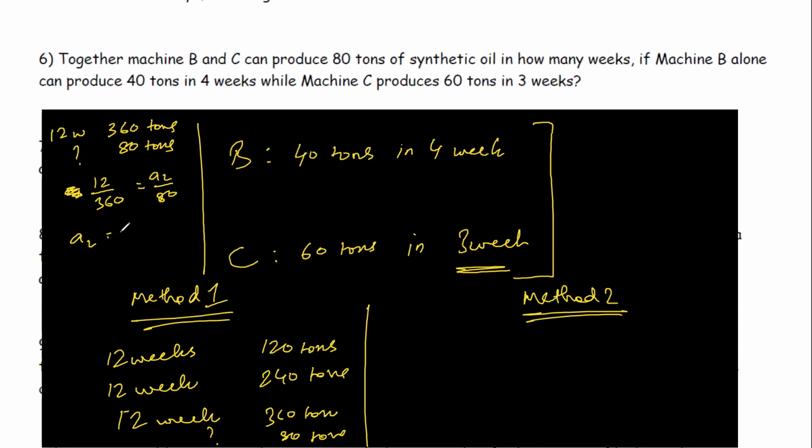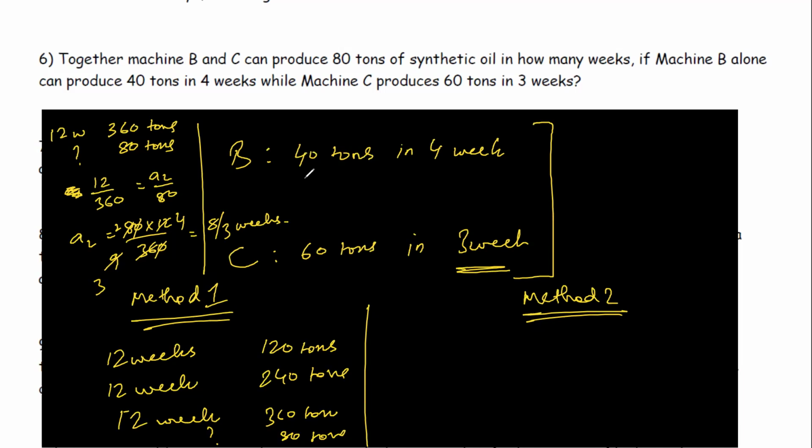So A2 is 80 into 12 by 360. 0, 0 goes, 4 twos are, 4 nines are, 3 threes are, 3 fours are, 8 by 3. So the answer is 8 by 3 weeks.